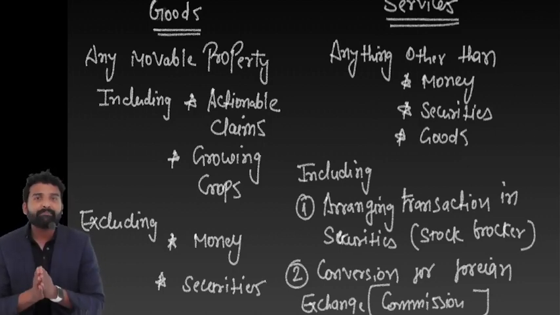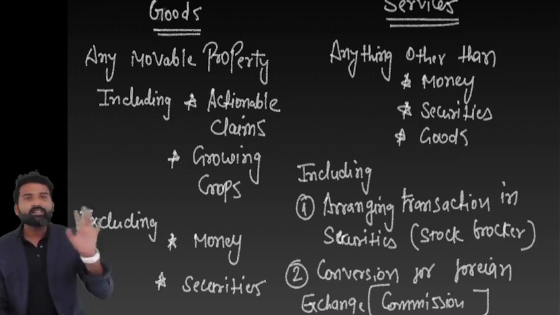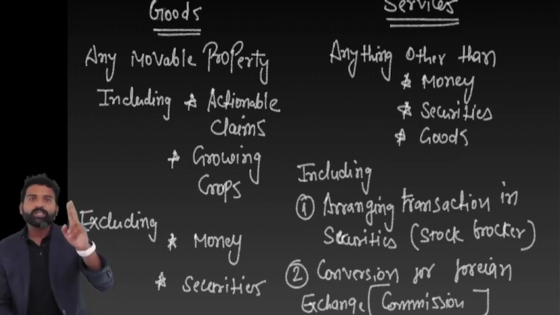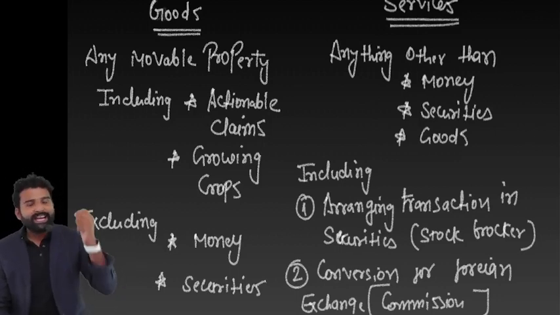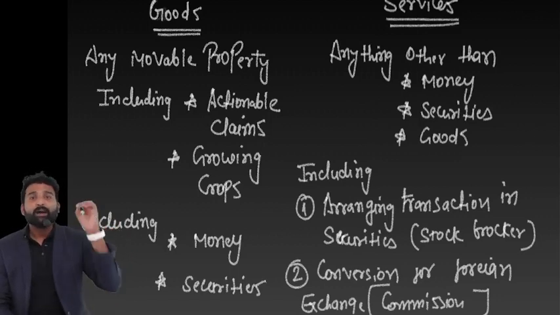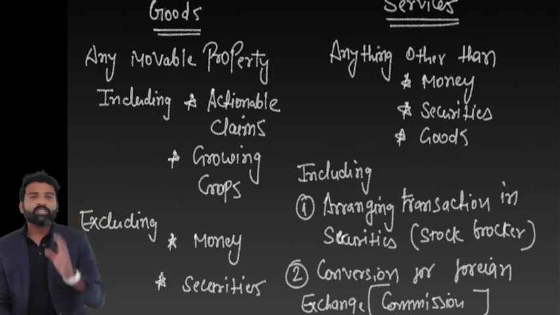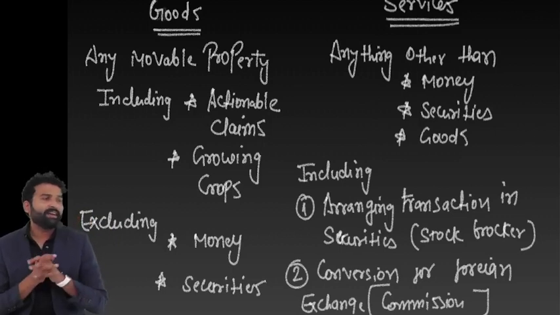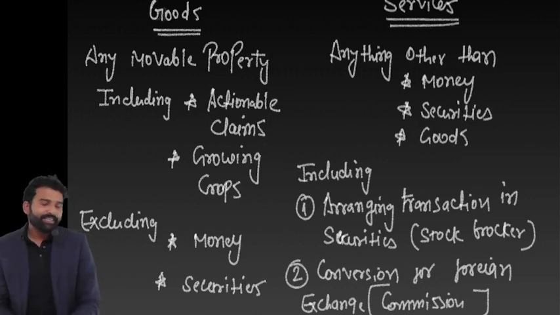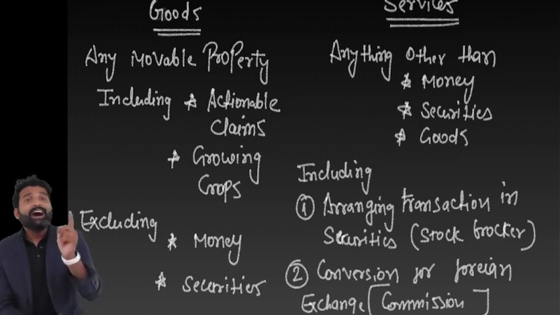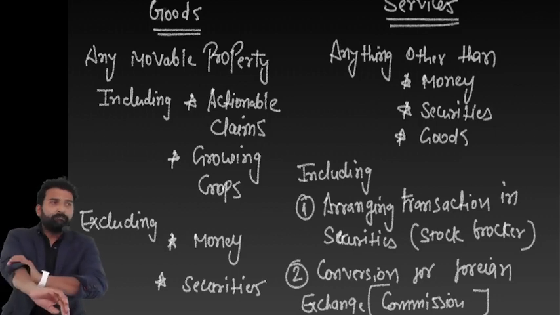It will be under the ambit of business. Finally, goods or services. Goods, 2 inclusions, 2 exclusions. Services, anything other than goods, money and securities, but 2 inclusions, stockbrokers and foreign currency exchange. Commission on currency exchange is also covered under the ambit of services. So that is about 7(1)(a). Tell me any other doubt in this 7(1)(a). Otherwise we are moving towards 7(1)(b).